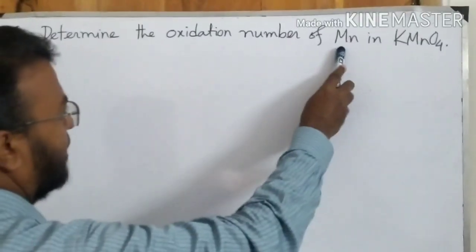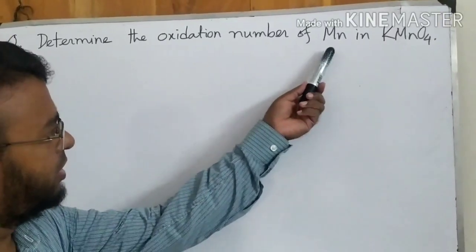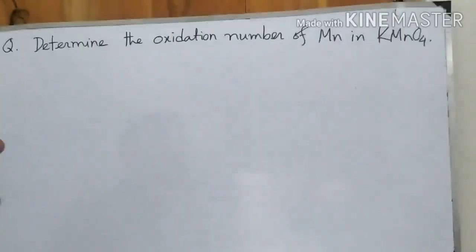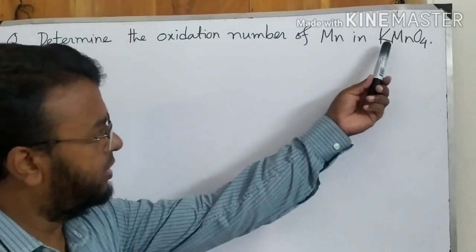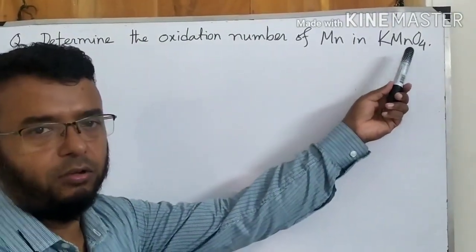So it is a compound, potassium permanganate. We have to find out the oxidation number of manganese. In the previous class I told what is oxidation number. This is potassium permanganate. All of you write the compound name. Okay, now let's start.